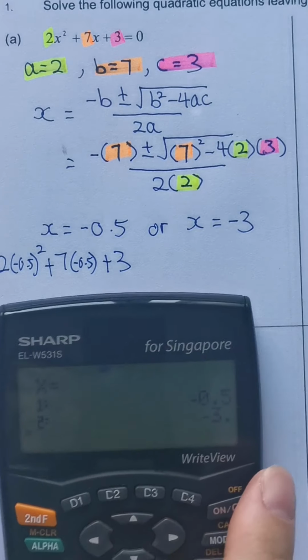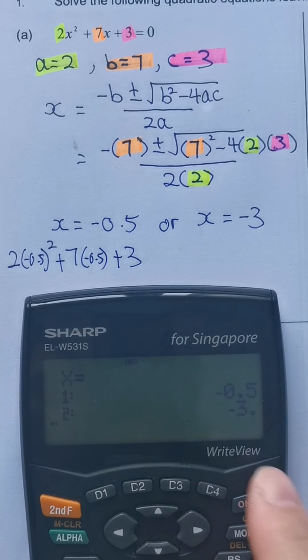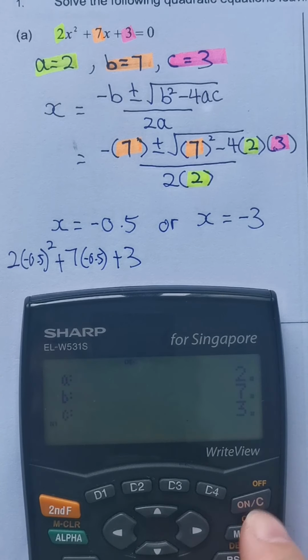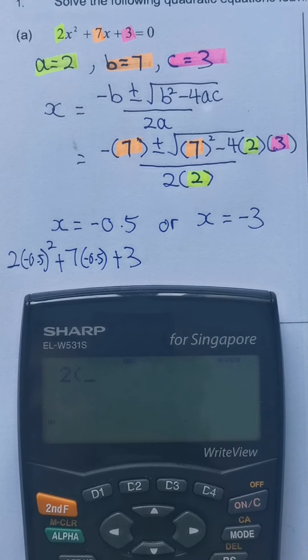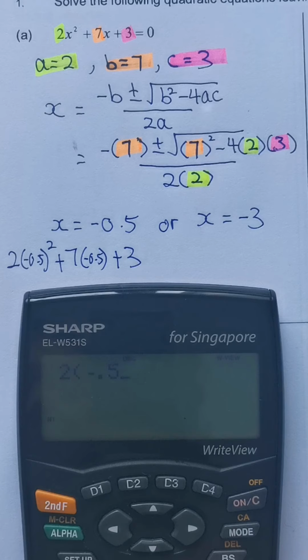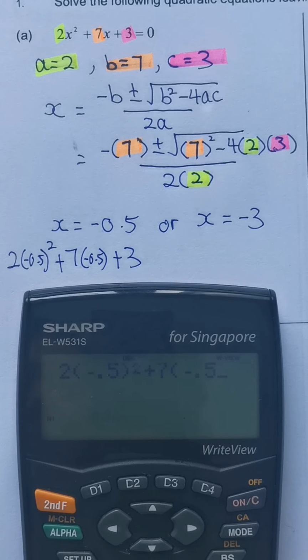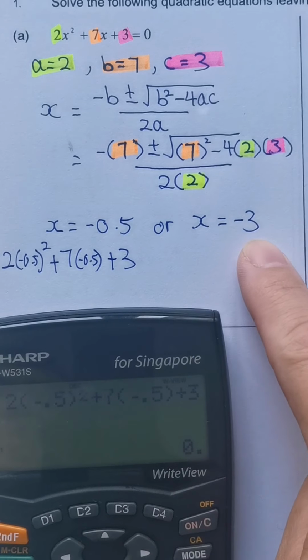Using a calculator to help me, let me change back to normal mode. 2 bracket negative 0.5 close bracket squared, plus 7 bracket negative 0.5 close bracket, plus 3. I press equal. Yes, it gives us 0. So negative 0.5 is correct. Let's look at the other one.